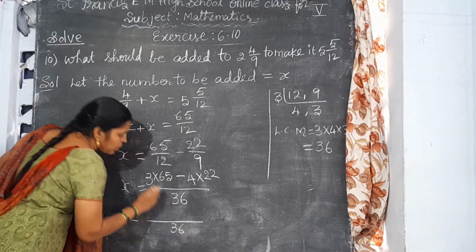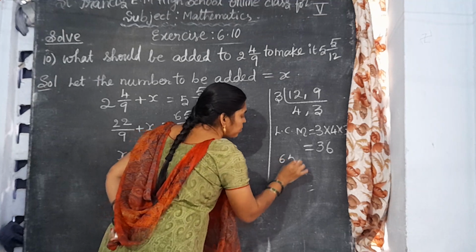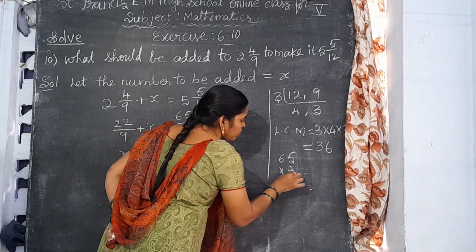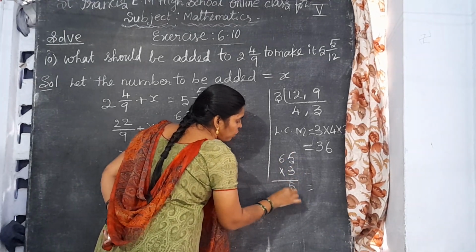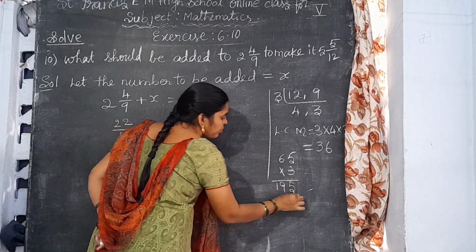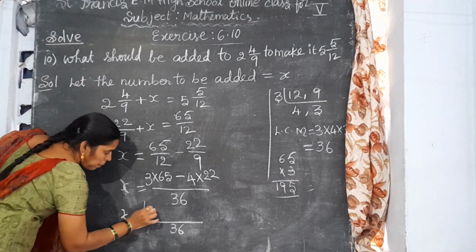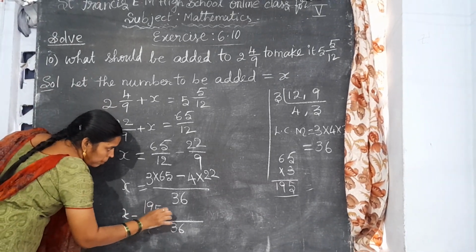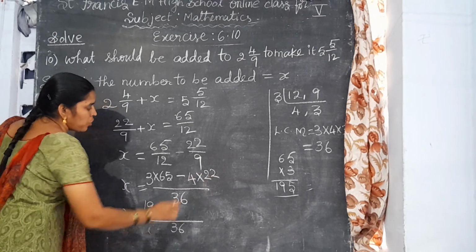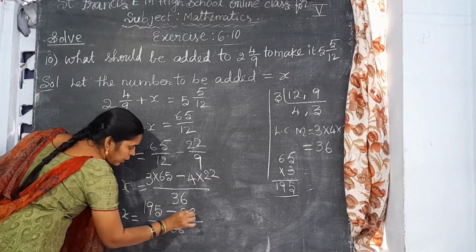36. Now 65 into 3. Here I am doing multiplication. 3 5s are 15. 1 carrying. 3 6s are 18 plus 1, 19. So 195 minus 4 into 22. 4 2s are 8. 4 2s are 8. 88.